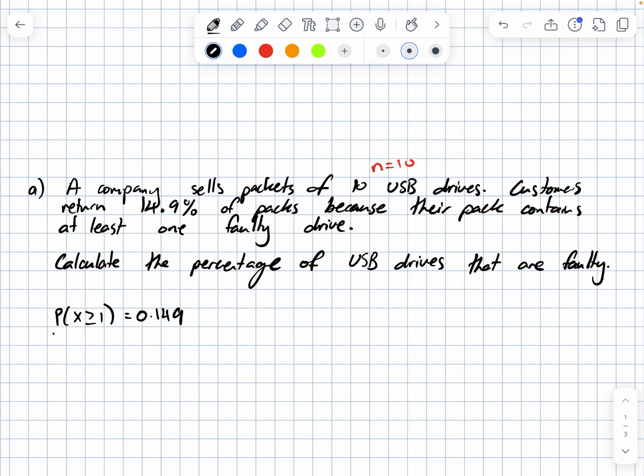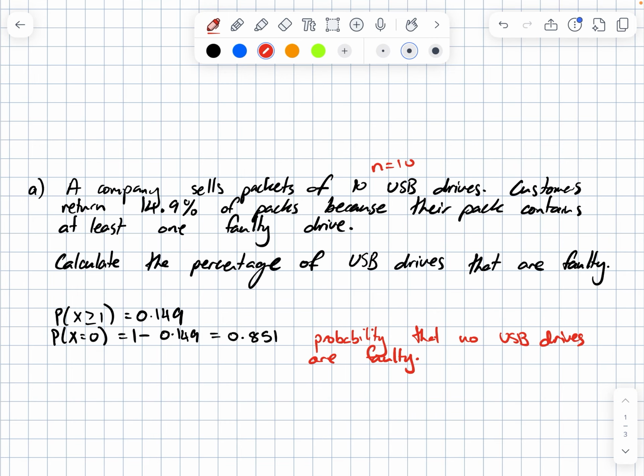That means that the probability x equals 0 will be 1 minus 0.149, or 0.851. And this is the probability that no USB drives are faulty.